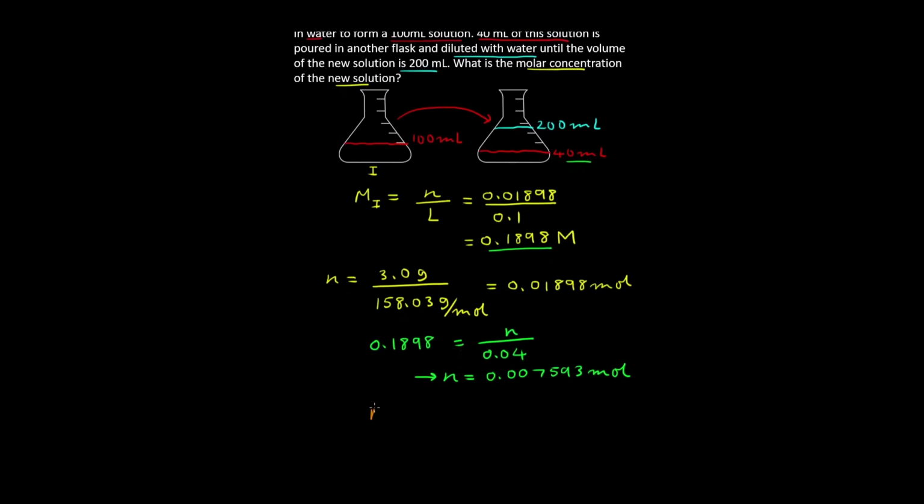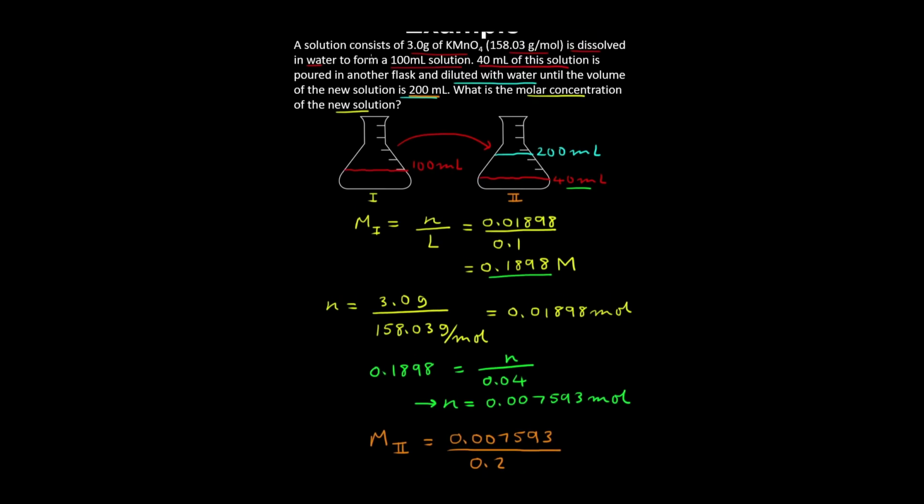And now we can obtain a molar concentration of our new solution by dividing the number of moles of potassium permanganate in the new flask by the number of liters of the new solution. And this gives 0.04 molar, where we use the least number of significant figures in the problem.